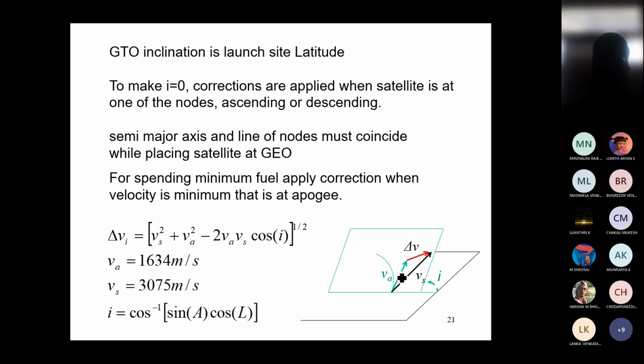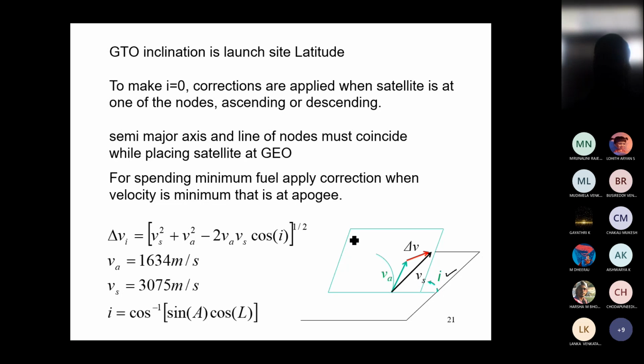But in reality, the satellite is not rotating on the equatorial plane. Rather, it is rotating in a plane at an angle which is called the inclination angle. All right. So if the satellite is moving at an inclination angle I, it has the velocity vector.